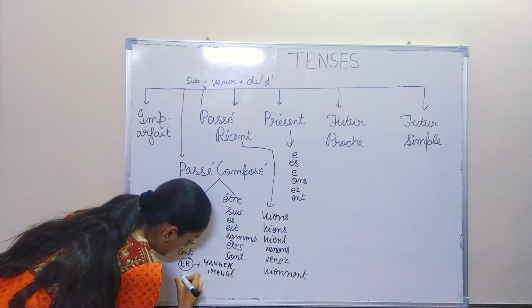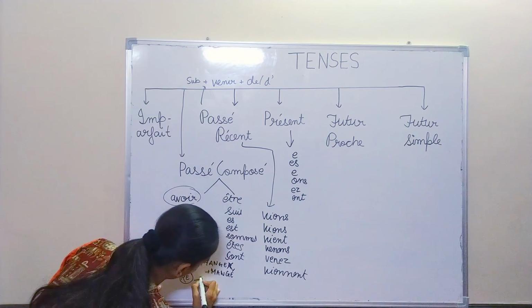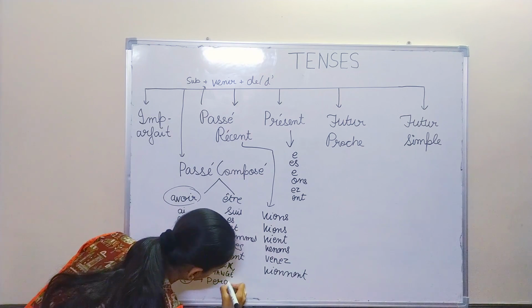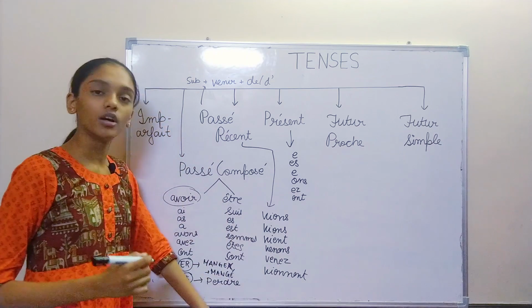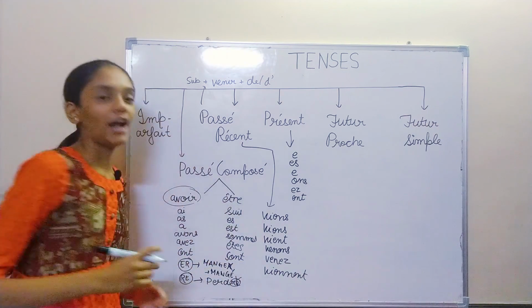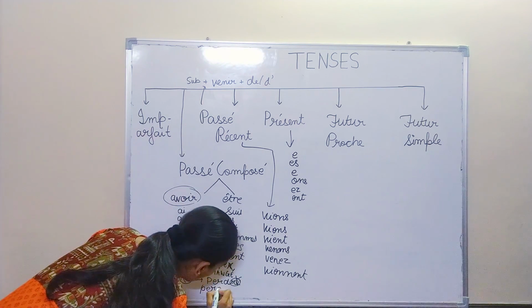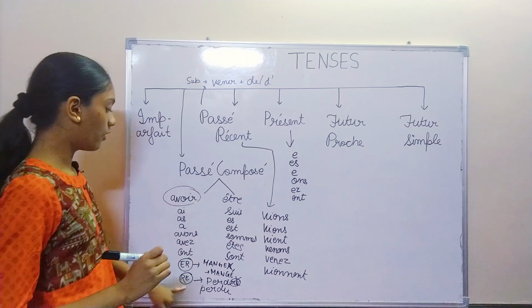Now, if you have an RE verb, suppose I take the example perdre. Here, you remove the RE and you add a U. So it becomes perdu. Okay?